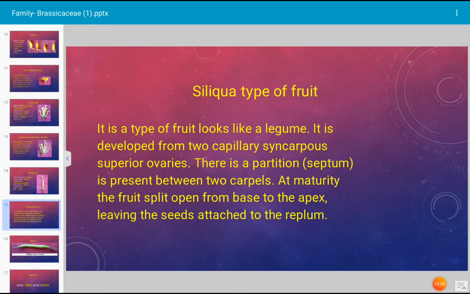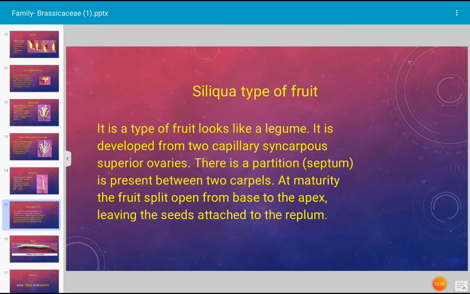This fruit of the mustard plant is a siliqua type of fruit. What is a siliqua type of fruit? It looks like a legume, but it is developed from a 2 carpellary syncarpous superior ovary. There is a partition or septum between the 2 carpels.